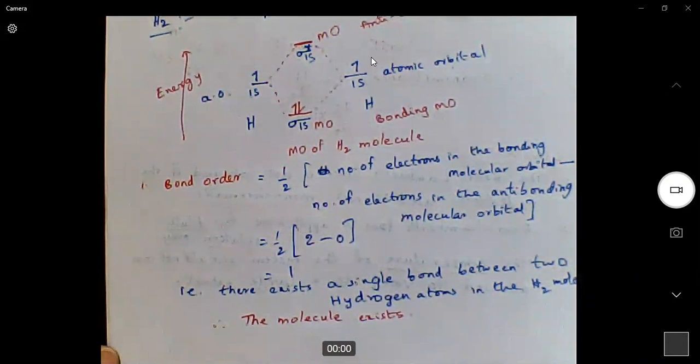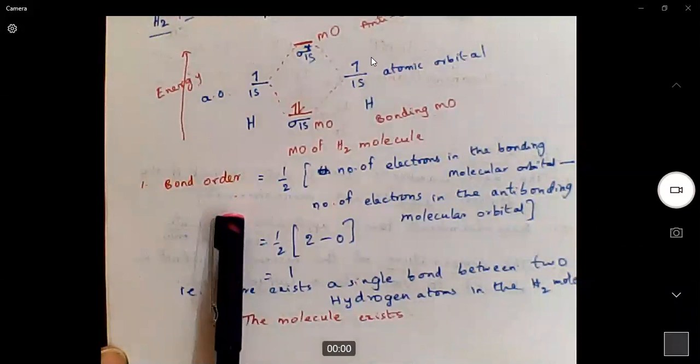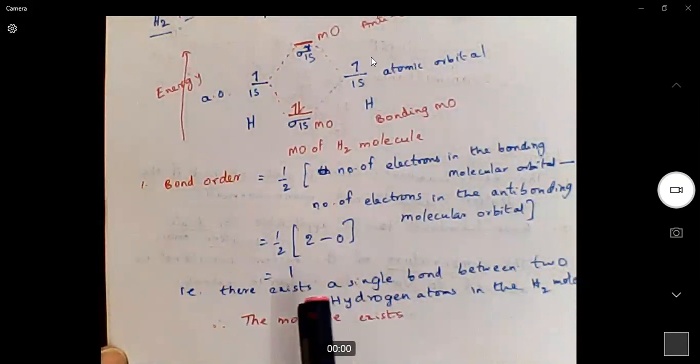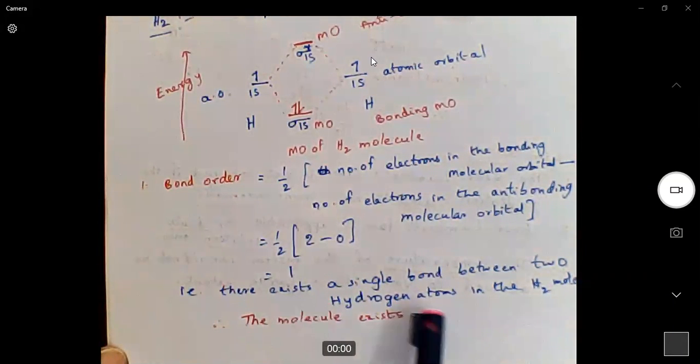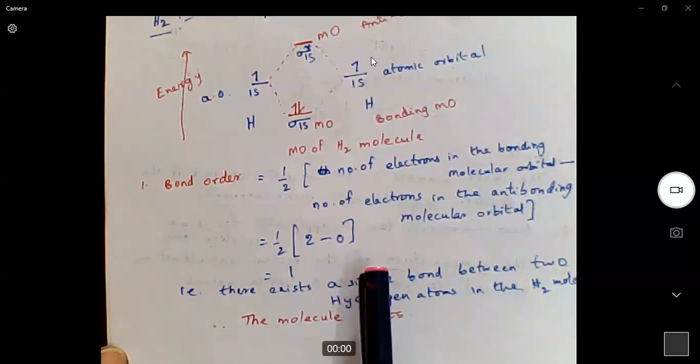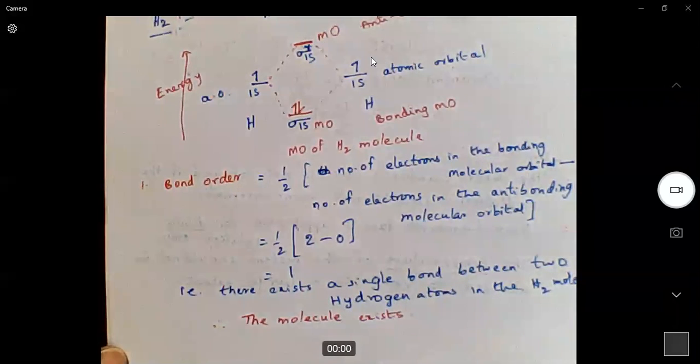So the first point we must infer from the MO theory is whether the molecule exists or not. How do we infer this? We calculate the bond order. If the bond order is non-zero, then the molecule exists. If the bond order is 0, then the molecule does not exist.